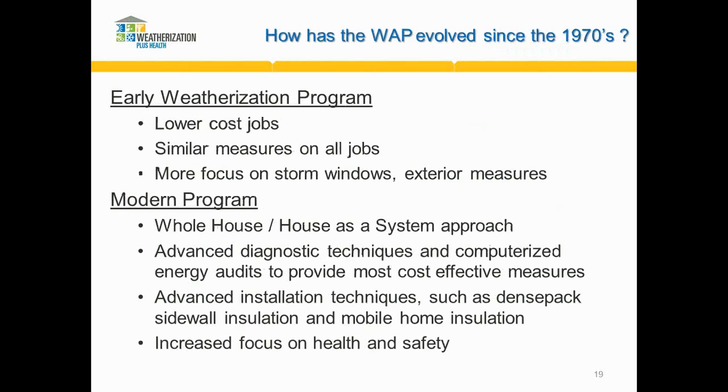The program has continued to evolve since its inception. In the 1970s, when this program started, jobs were much lower cost. There were similar measures on all jobs. It was sort of a storm window, attic insulation, addressing air sealing on the outside of homes, and pretty basic stuff.